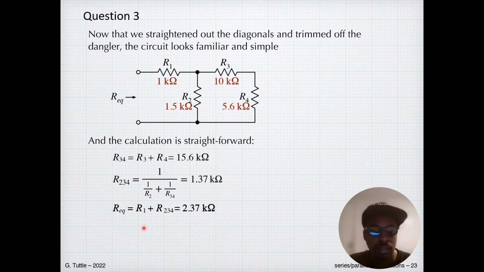So we add R1 to the group R234, and the equivalent works out to be 2.37. This is what you do when you have a more difficult arrangement and you want to make it simple and understandable. This is how to work out equivalent resistances, and it's good when we can find the equivalent resistance because it helps us to find other things.